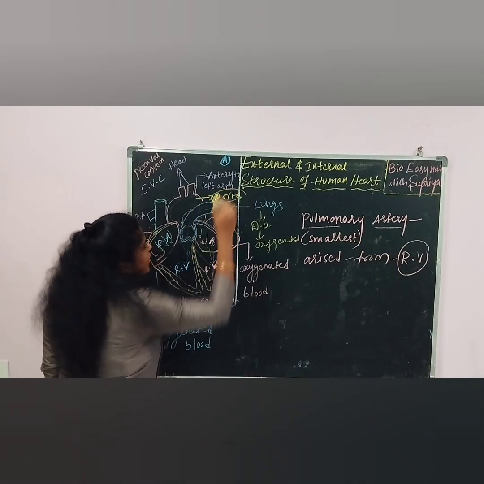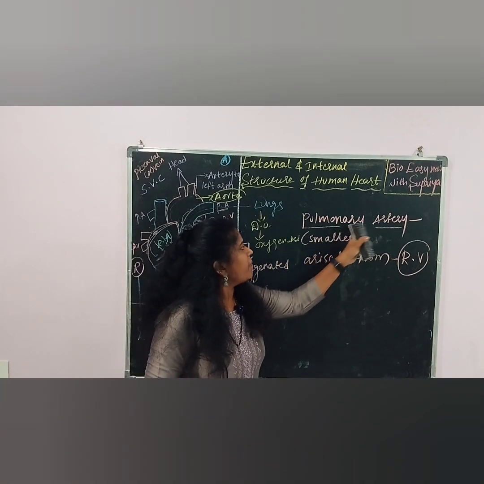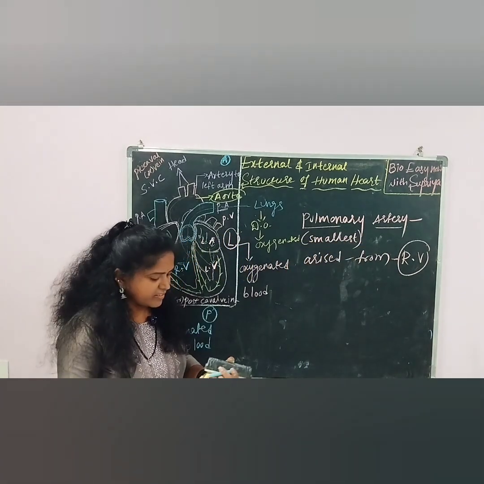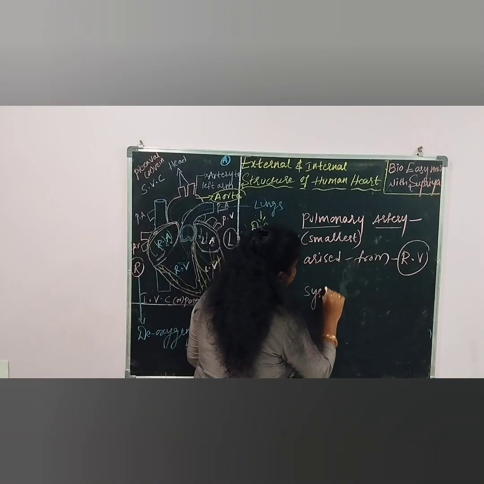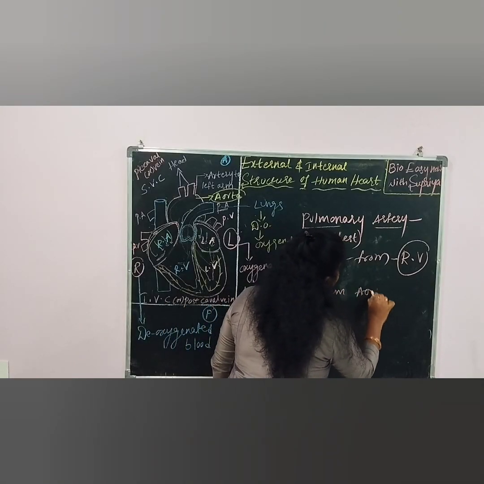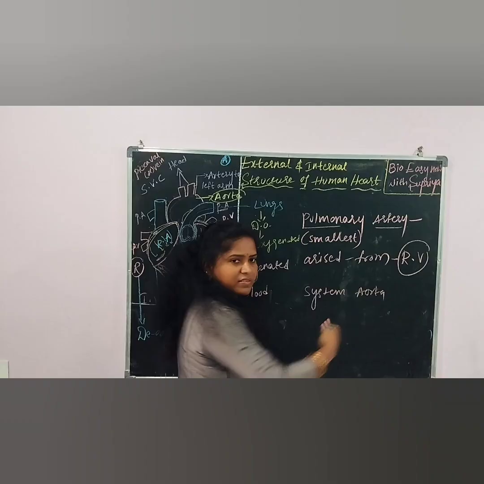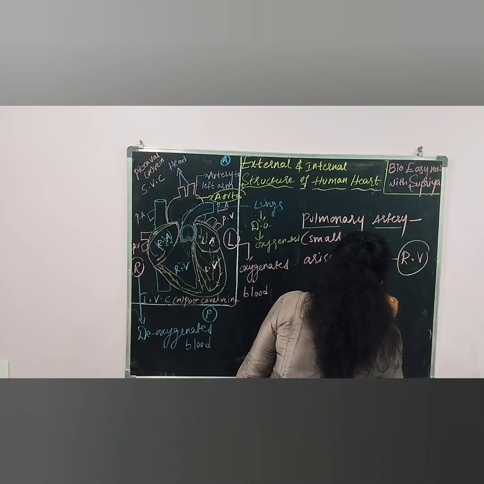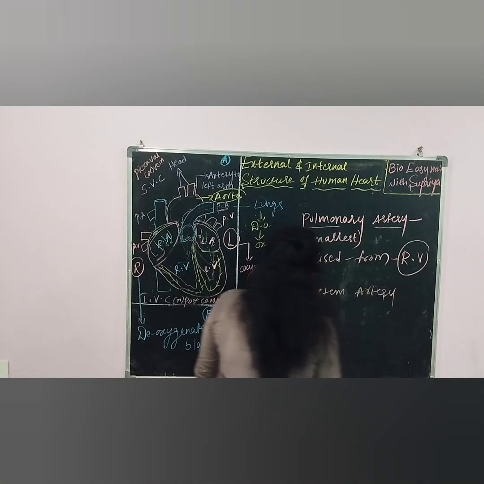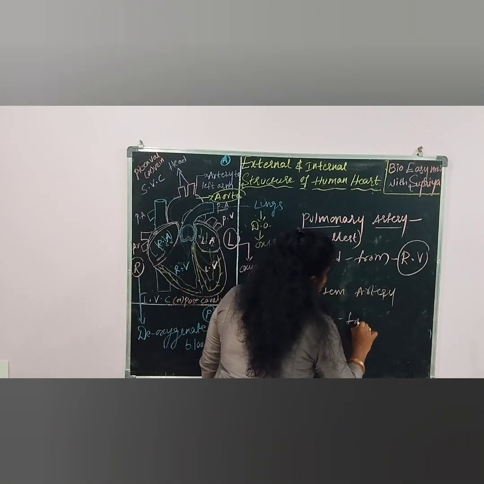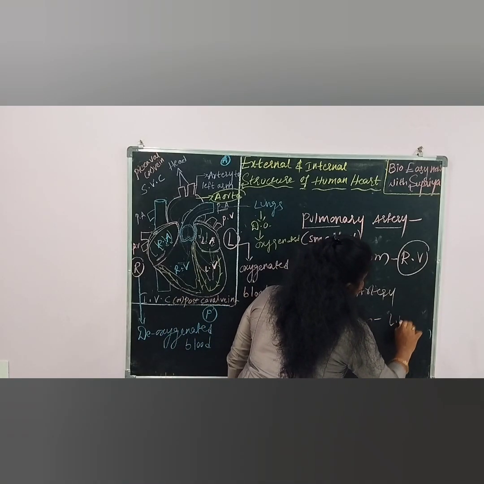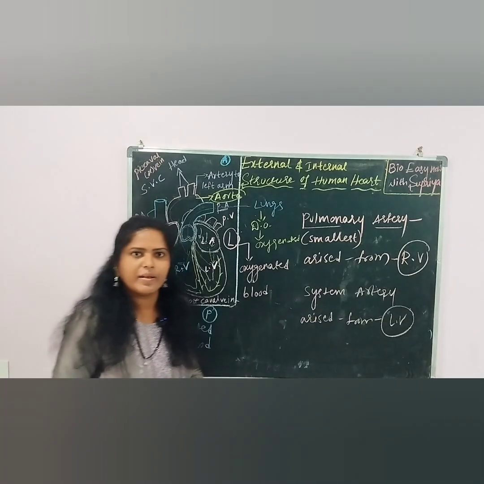That systemic aorta extends as the aorta. Here I wrote that the pulmonary artery is the smallest artery, and next, the systemic aorta or systemic artery arises from the left ventricle.